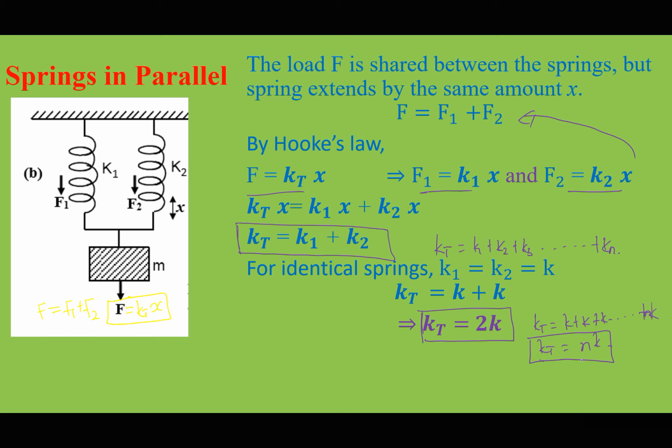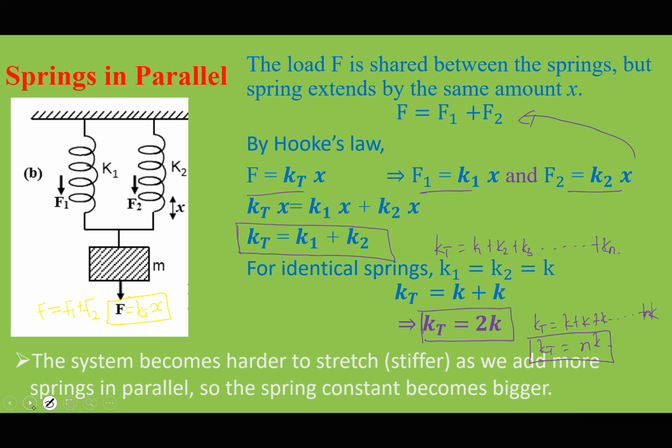And since the constant becomes bigger and bigger as we increase the number of springs, it means the system becomes harder to stretch, it becomes stiffer as we add more springs in parallel.